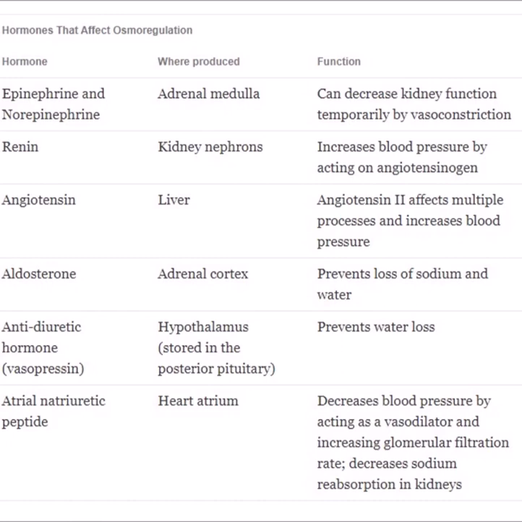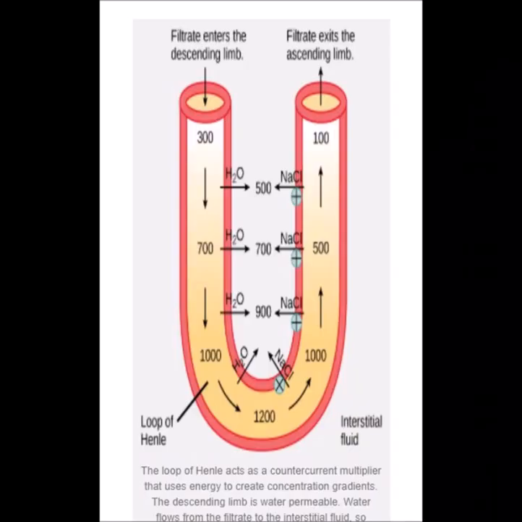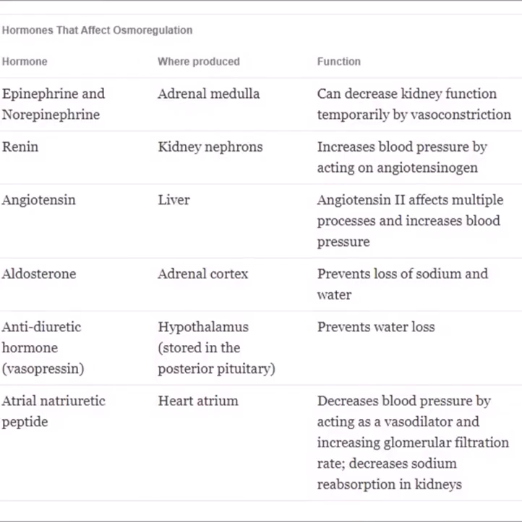Just like when you close the tap, water does not gush out. But the moment the tap is open, water begins to gush out. So this hormone helps us close the urine tap so that urine does not continuously come out of our body and we lose water. So it prevents water loss.